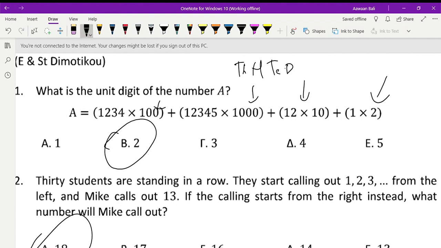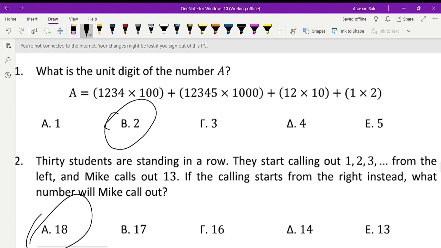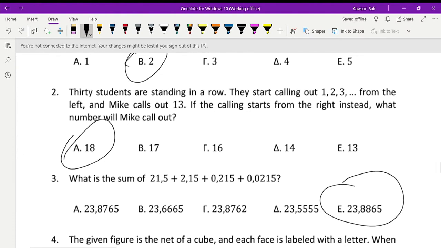So basically, the units digit is at the end, so we just have to focus on the last segment again. It's 1 times 2, and anything times 1 is obviously itself, which means the digit will be 2, and therefore the answer is Vita.